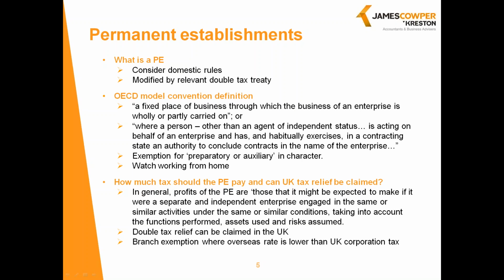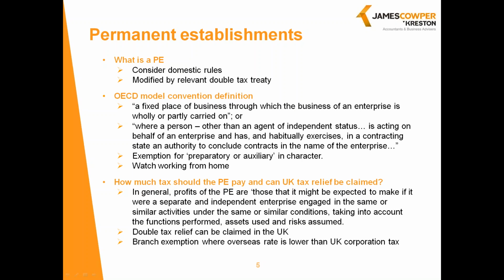The second way in which a permanent establishment can be created is through what's called an agency PE. This is defined as where a person, other than an agent of independent status, so this rule can't apply if you have an independent third party acting as your agent in the overseas territory, is acting on behalf of an enterprise and has and habitually exercises an authority to conclude contracts.